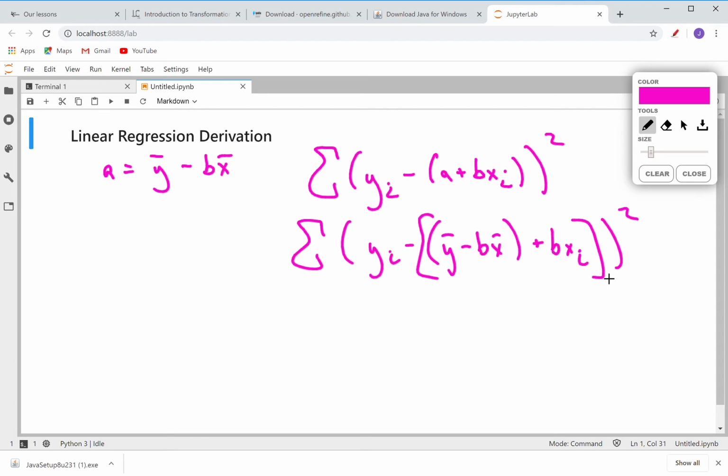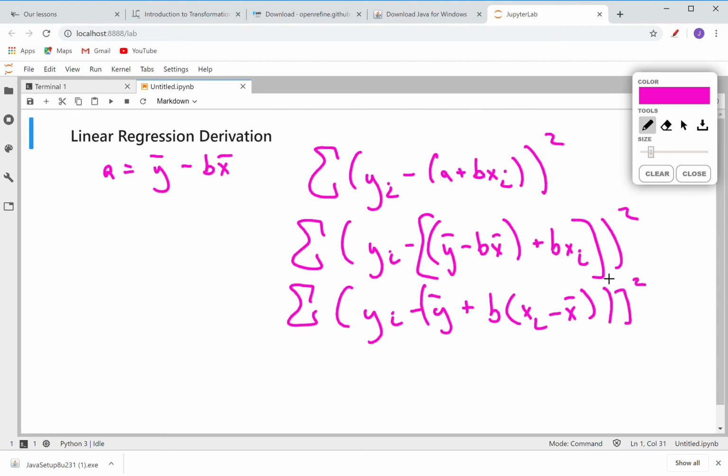I've got a b in both of these, so I can write this as the sum of (y_i minus y bar) plus b times (x_i minus x bar), this whole thing squared.